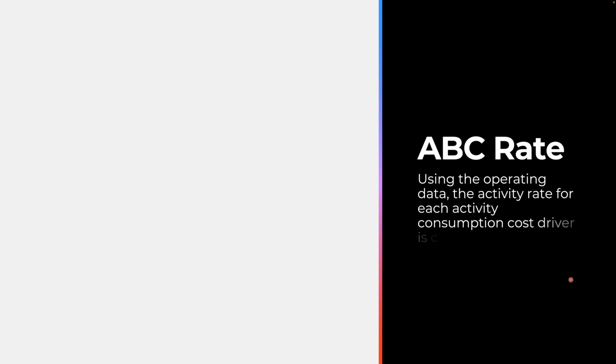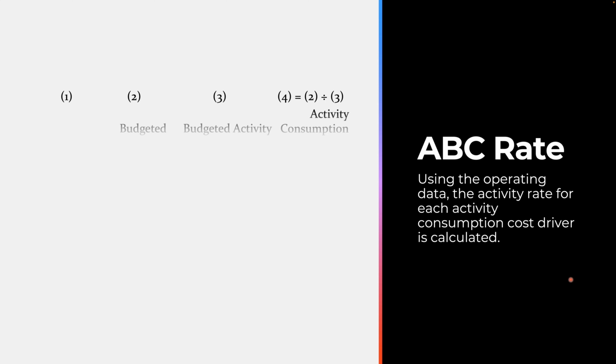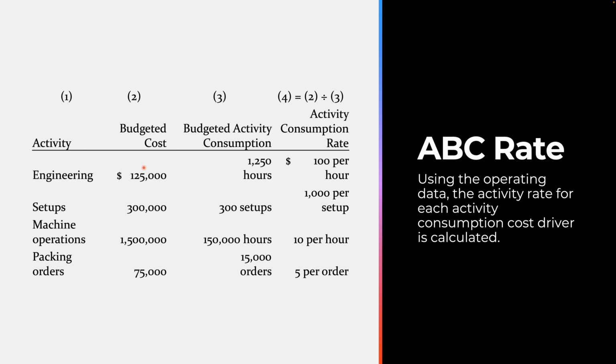Now we can calculate the activity-based costing rate. Using the operating data, the activity rate for each activity consumption cost driver is calculated. Let's take a look. We can take the entire amount of engineering, $125,000, divide it by the entire amount of hours dedicated to that activity, and we get a rate of $100 per hour.